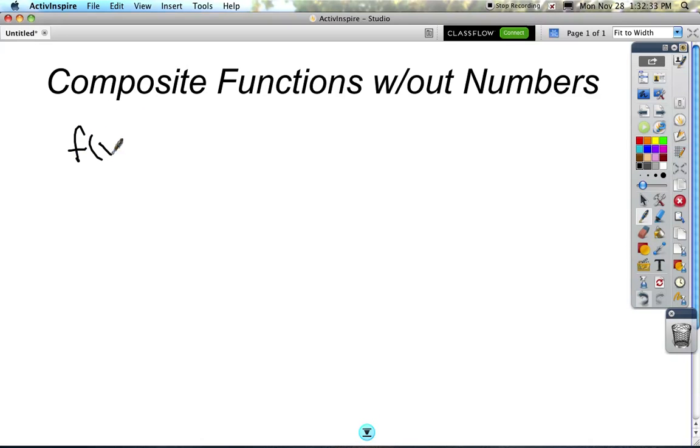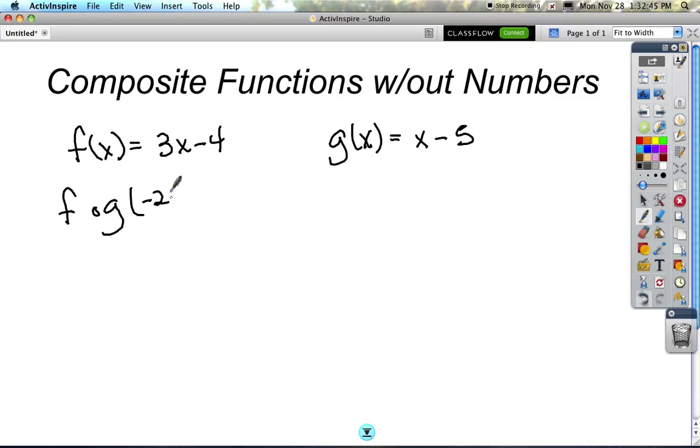So you have two functions. And let's say they wanted f of g of -2. So this is going to be your quiz tomorrow. Okay, this is just a quick review. So -2 is going in which function? G, in place of the x.